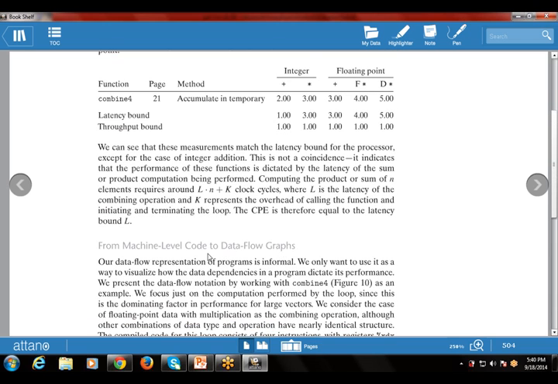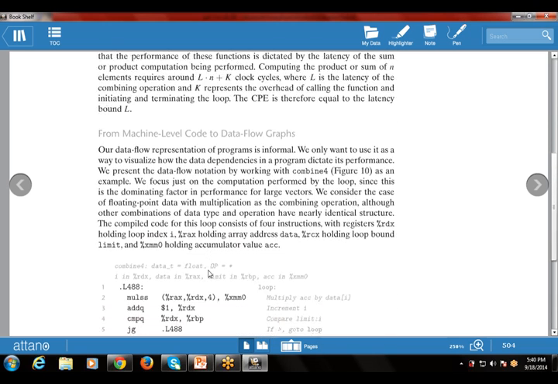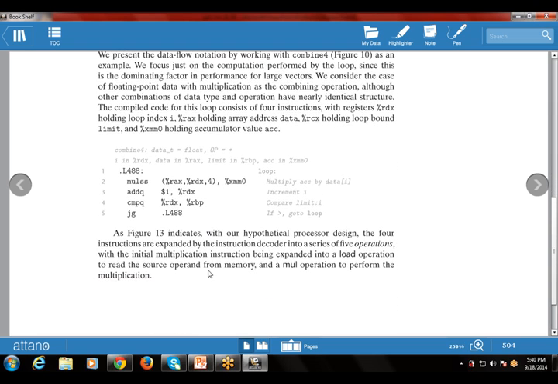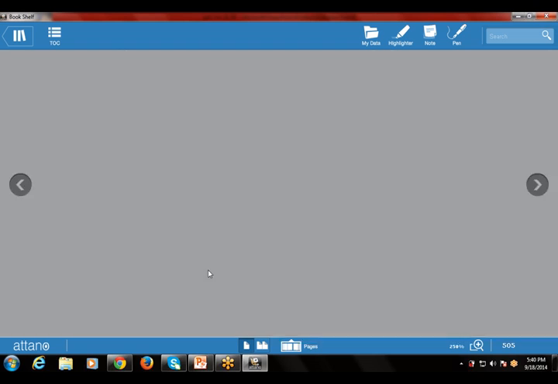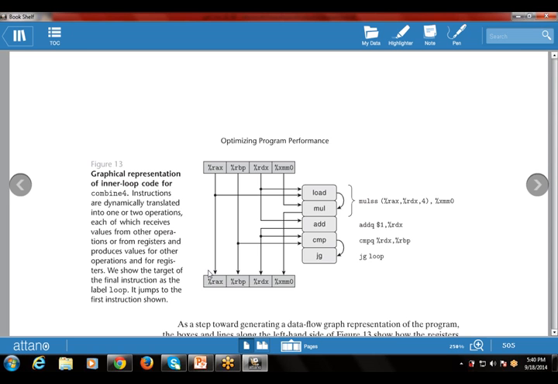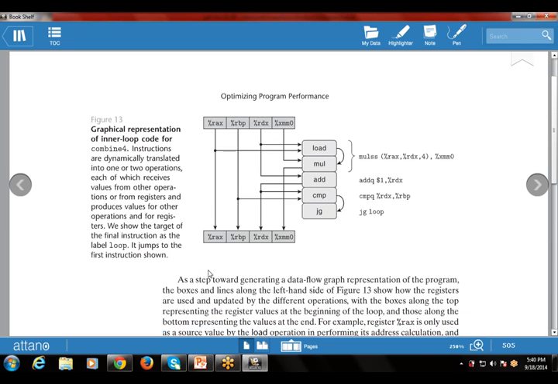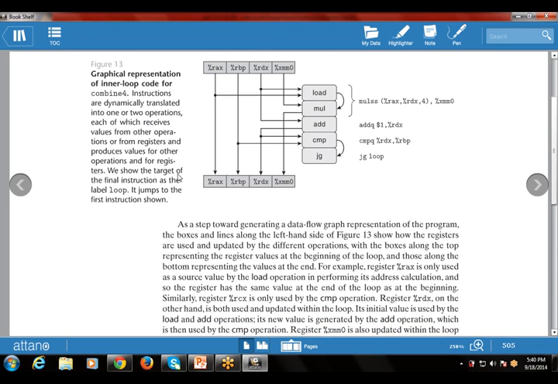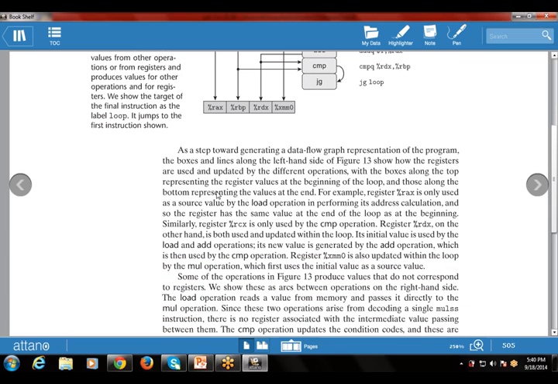Then from machine-level code to the data flow graphs. This is a graphical representation of inner loop code, that is, we are using the program. That is your graphical representation.